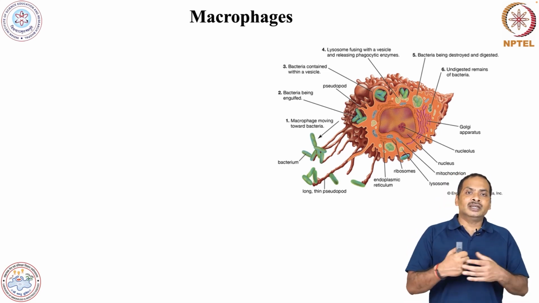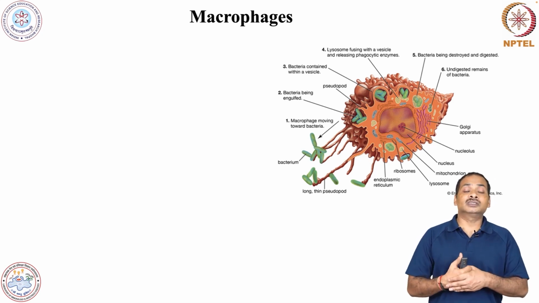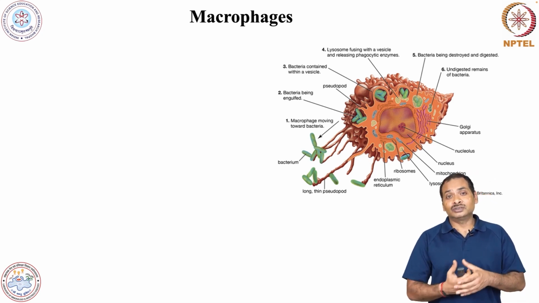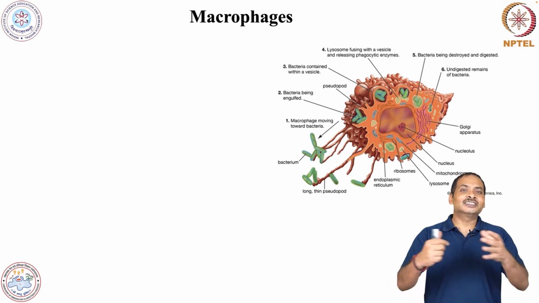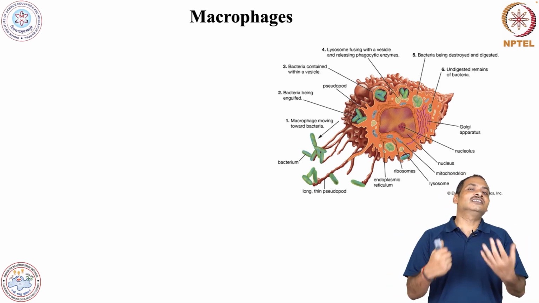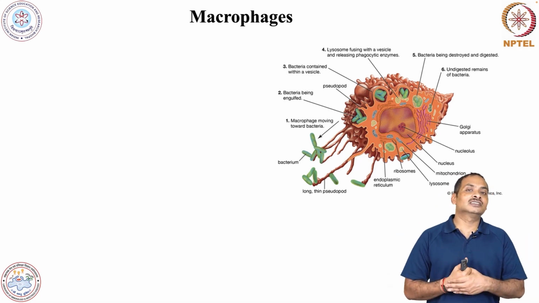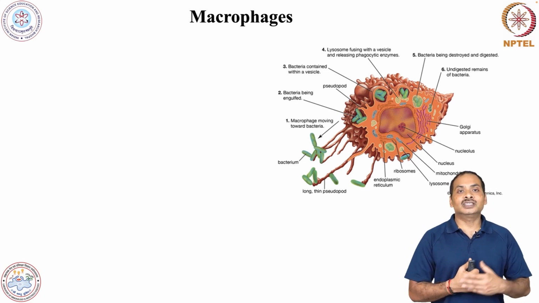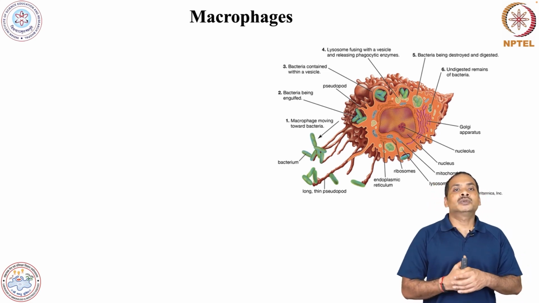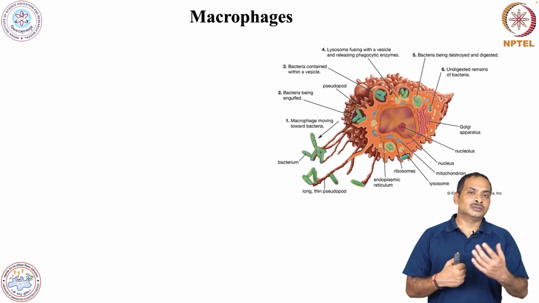After clustering of these receptors, there will be activation of downstream signaling pathways, which rearrange the cytoskeleton, and this rearranged cytoskeleton causes invagination in the macrophage, and eventually the pathogen is taken up in the form of a particle.